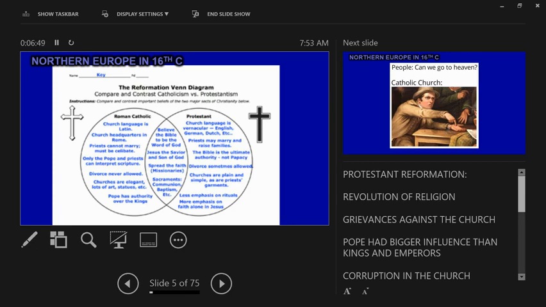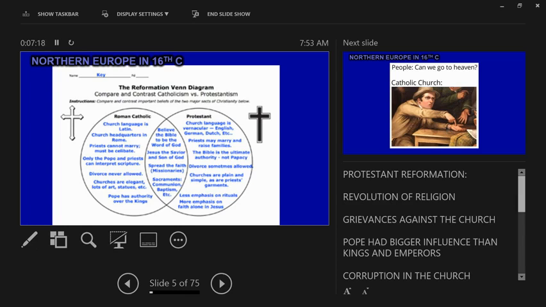And Protestants believe that priests may marry and raise families. In the Roman Catholic Church, only the Pope and priests can interpret Scripture, and the Protestants believe that everybody should be able to read the Bible. The Roman Catholics believe that divorce is never allowed, and Protestants believe there are some cases when you should be able to get divorced.